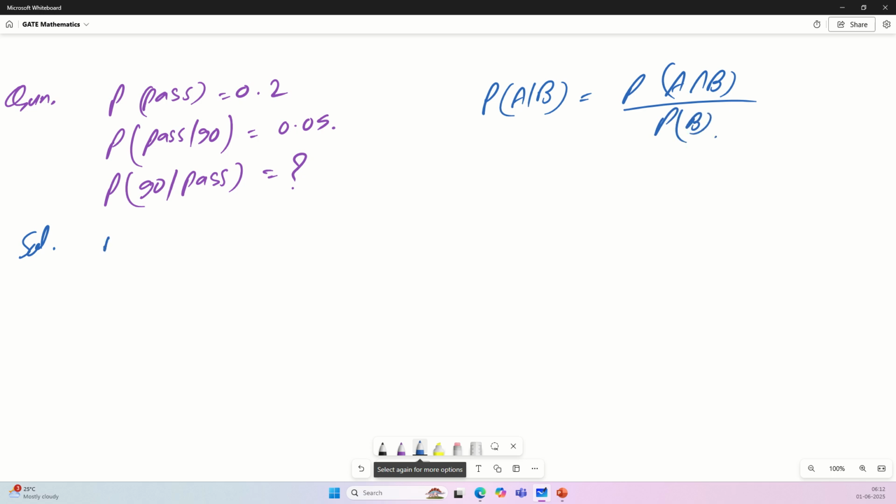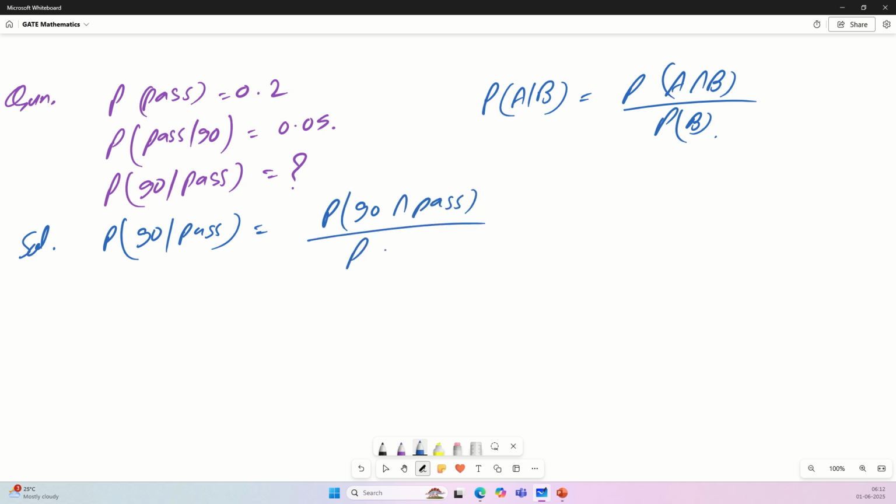So if I try to find out probability of 90 given a student has passed the examination, that will be probability of 90 intersection pass divided by probability of pass, right? So from here we are going to get what? You know already that probability of 90 intersection pass is nothing but what? 0.05, because he has passed.